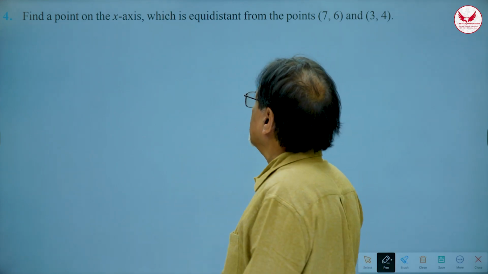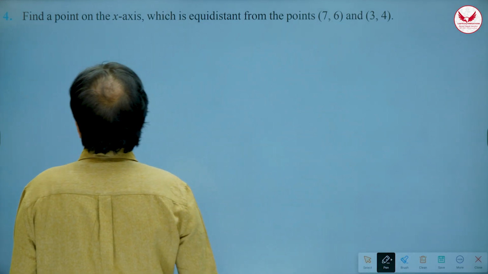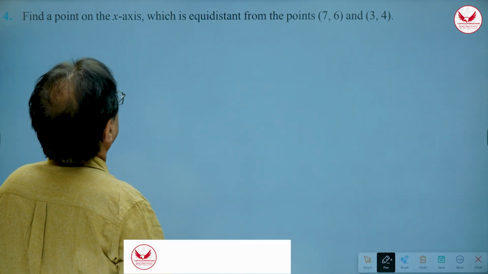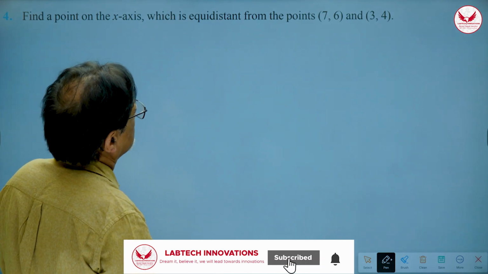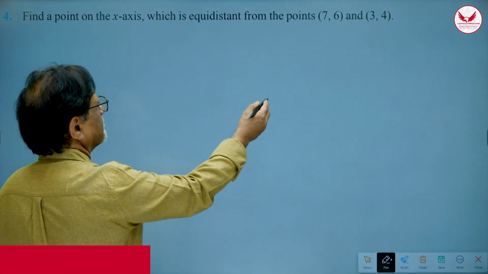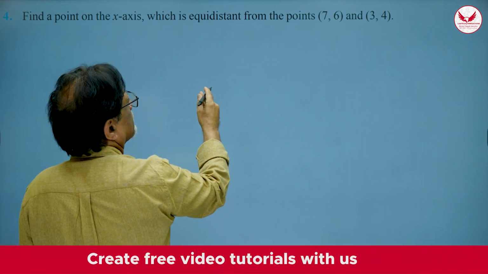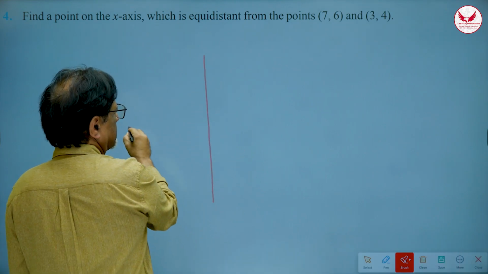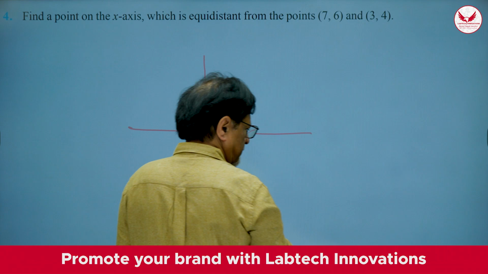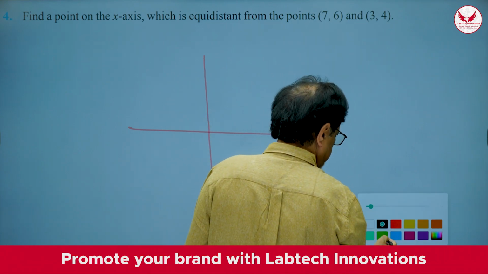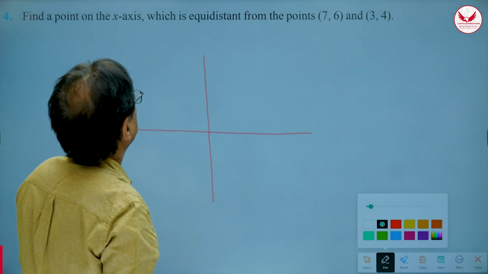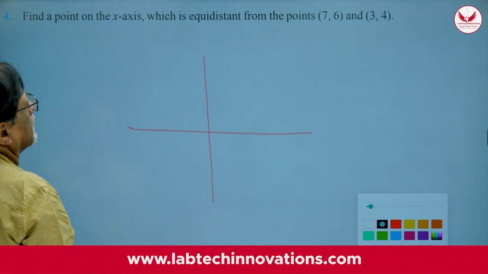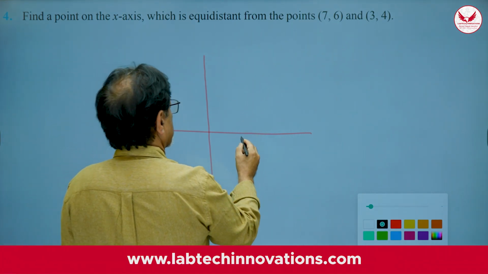Okay. Now see, a very interesting problem. Find a point on the x-axis which is equidistant from the points (7, 6) and (3, 4). Okay. So find the point on the x-axis. Now these are the points: (7, 6).